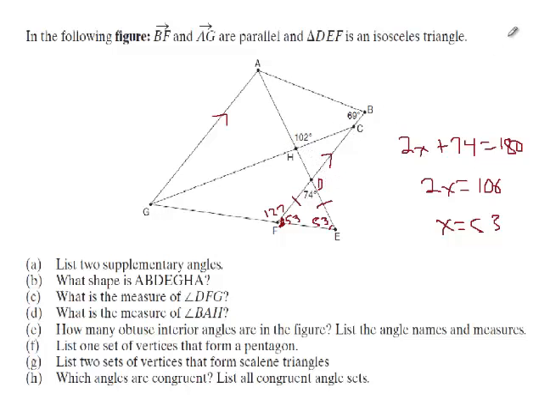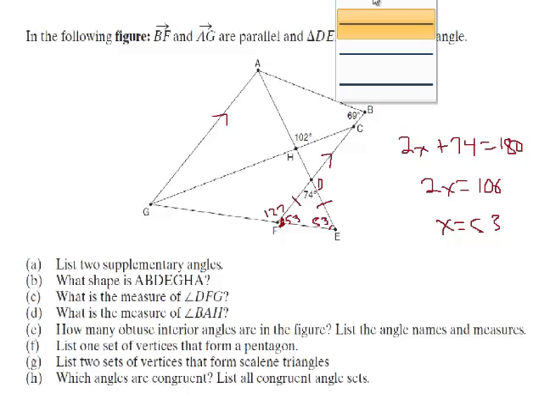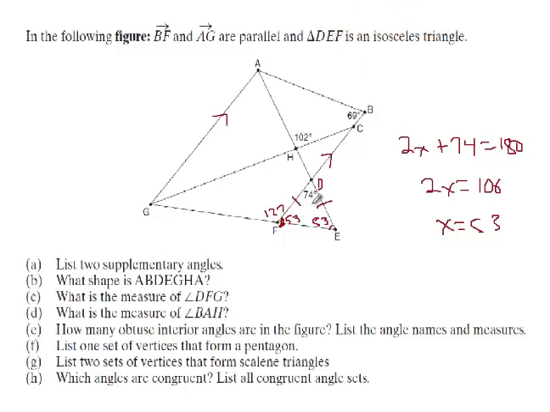So I'm just going to fill in all the angles that I can, and hopefully that will, in the end, get us to where we need to get. Now, this angle is supplementary with the 74. So it's 180 minus 74, which is 106.